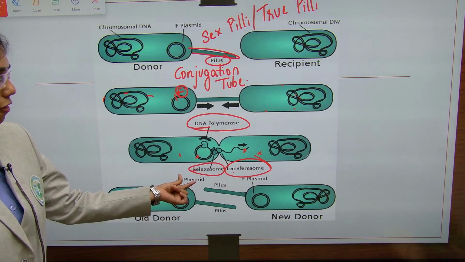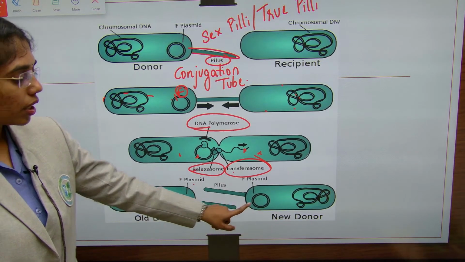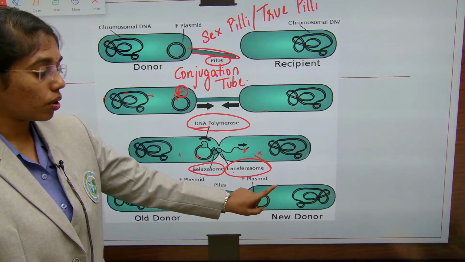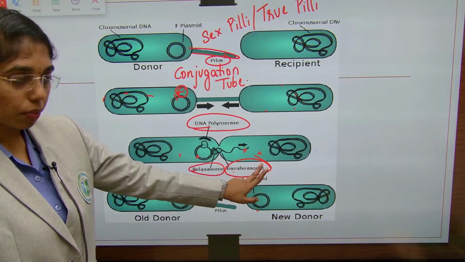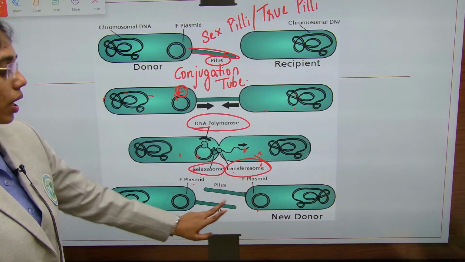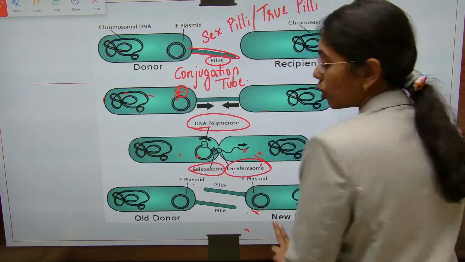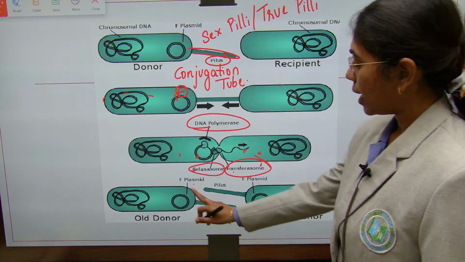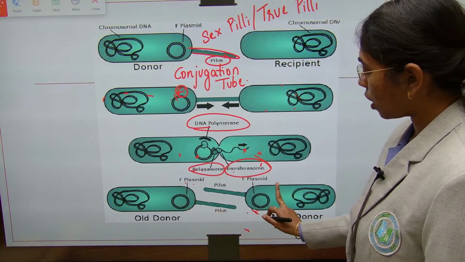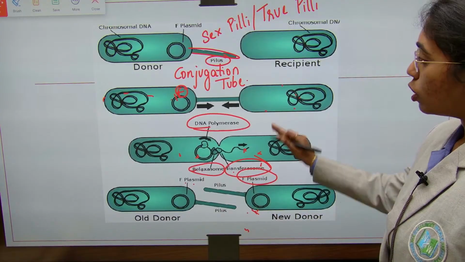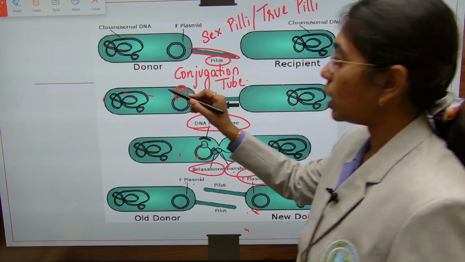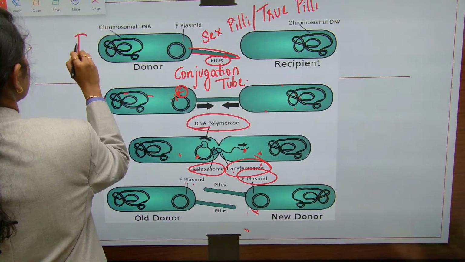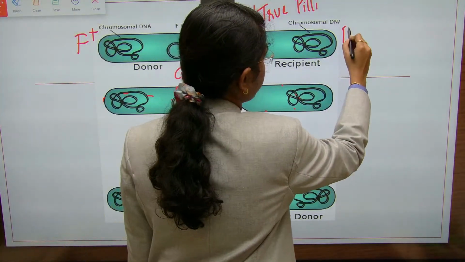Now, F plasmid, here you can see a new donor will be coming into picture. After the transfer of F factor, you can see the daughter cell as a new donor cell. F plasmid will be present here also. So in the parental chromosomes, you can see one is of F plus strain and one is of F minus strain.